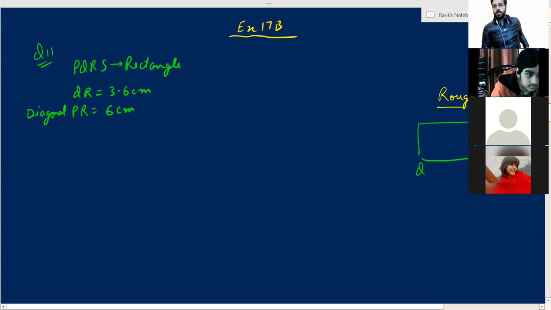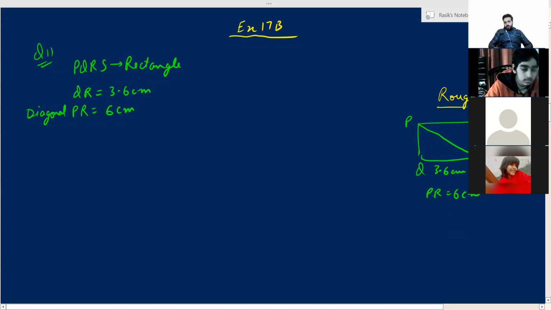We know QR, so we will take QR in the base. PQRS we have to draw, where PR we have to take as 6 centimeters. PR is equal to 6 centimeters. What is the length of QR? 3.6.